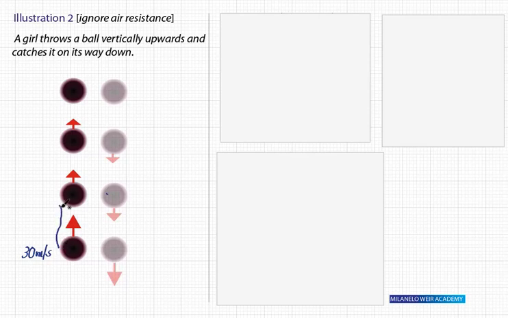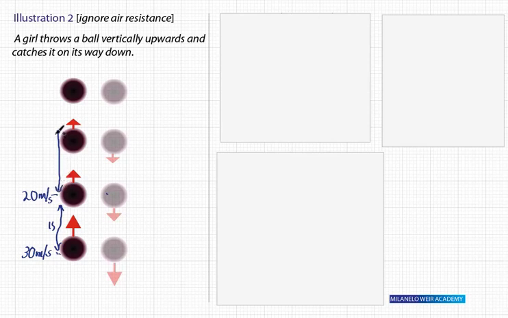After 1 second, the velocity will be, because when the object moves upwards, like we have seen in our illustration using the simulation, the speed decreases as the object goes up, right? So here we have 20 meters per second.